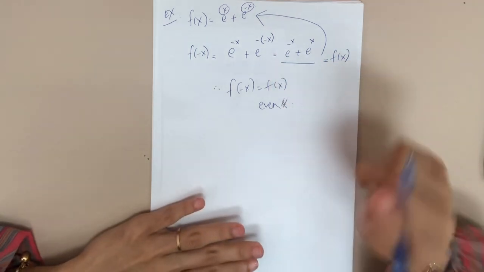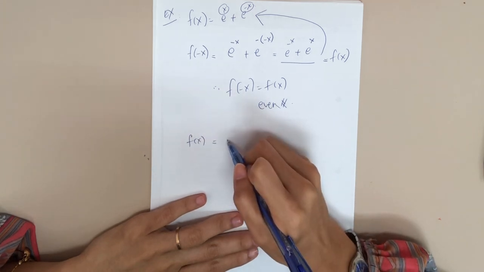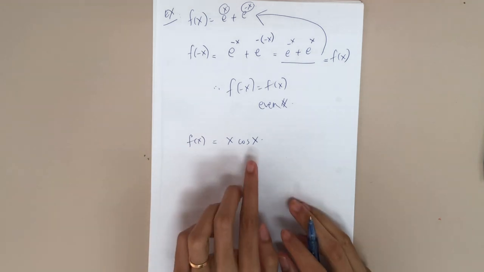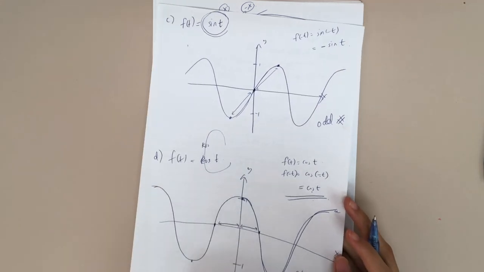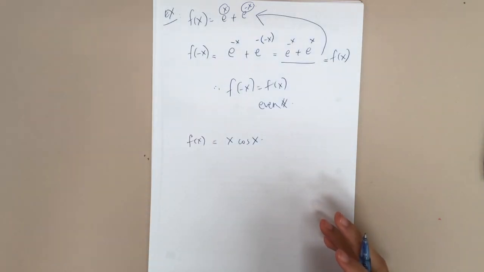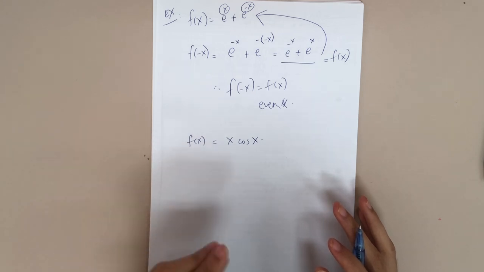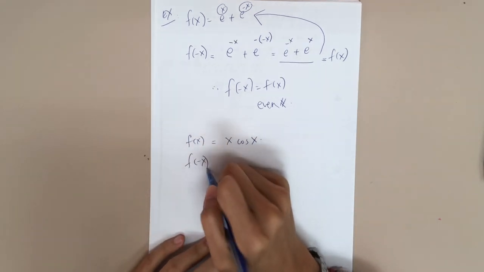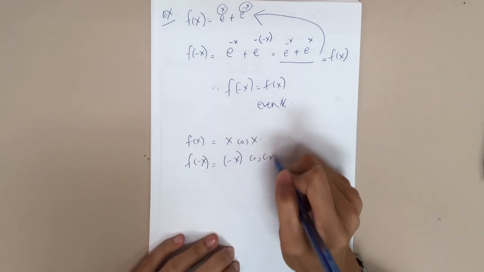Okay, class. I give you one more, the last one. f(x) equal to x cos x. Just now we already showed that cos x is an even function. So now it's multiplied with x. You just do the same thing. Replace negative x here, and then cos of negative x.